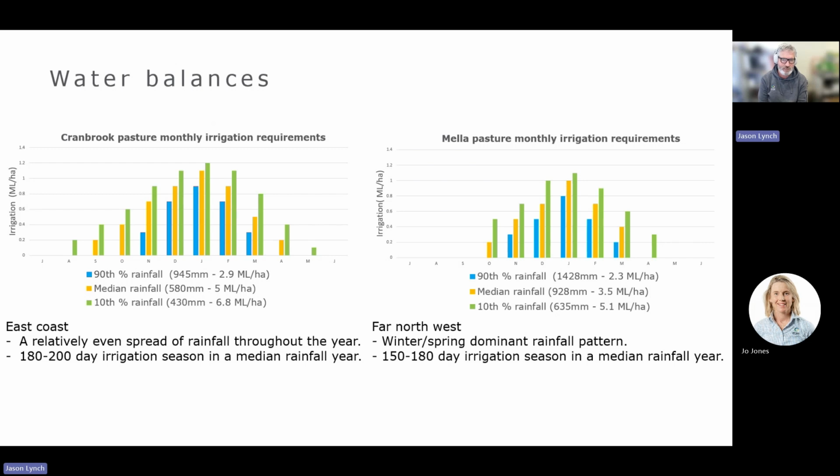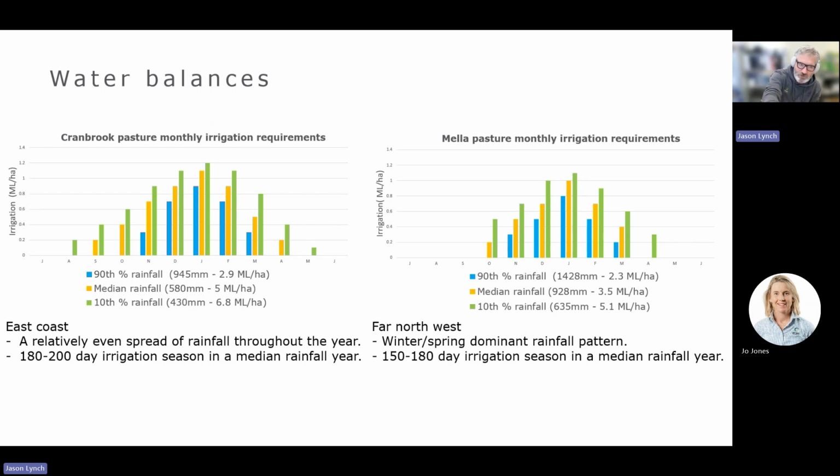This is an example where we're both looking at pasture. The orange columns: in a medium rainfall year for Cranbrook, 580 millimetres, requires 5 megalitres per hectare. For Mella, in a medium rainfall year, 928 millimetres, on average, we'd need 3.5 megalitres.